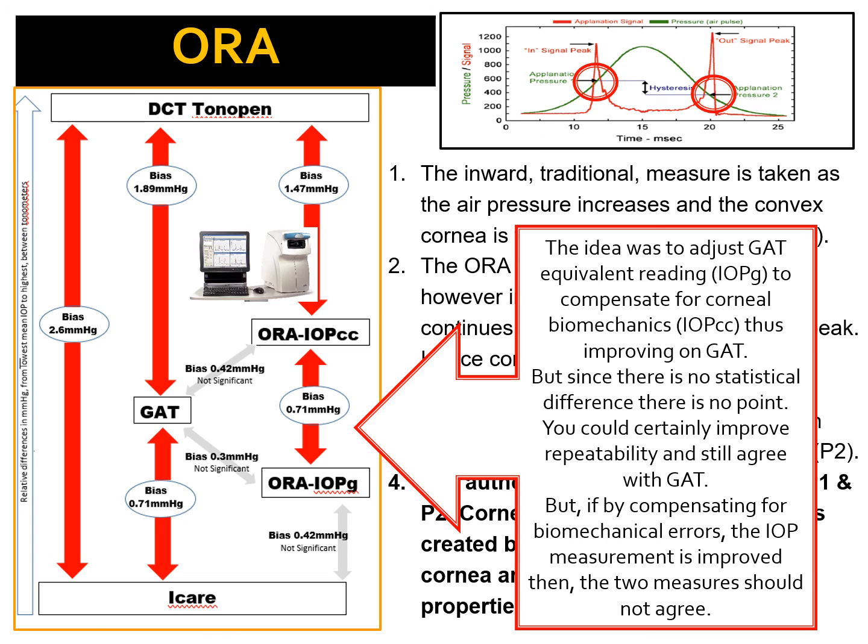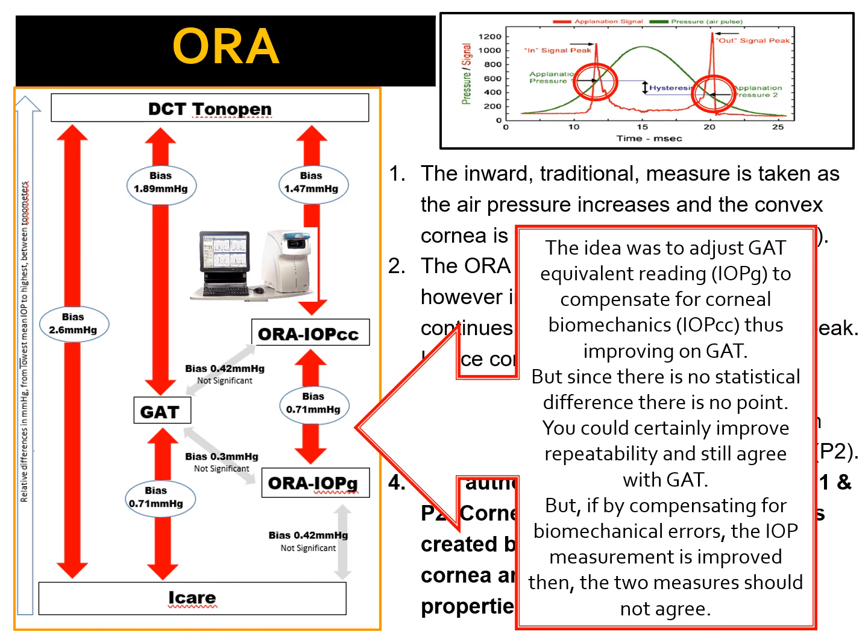So the idea, though, I've had emails with these characters. The idea was to adjust to a GAT equivalent reading. So they had an ORA IOPg, which was their equivalent reading of a GAT reading, as a standard NCT would be. But they wanted to compensate it for corneal biomechanics, hence the IOPcc.